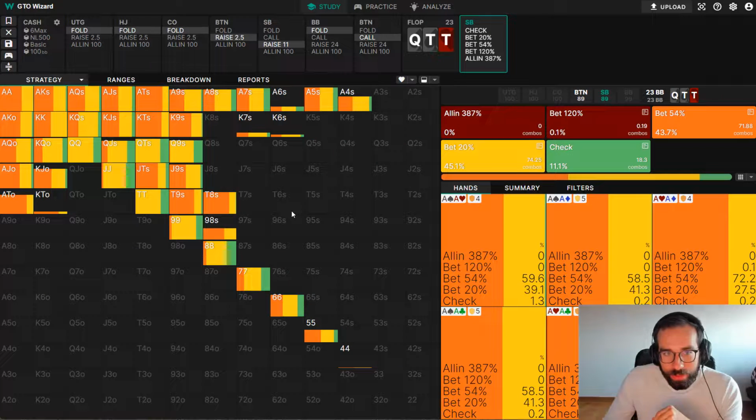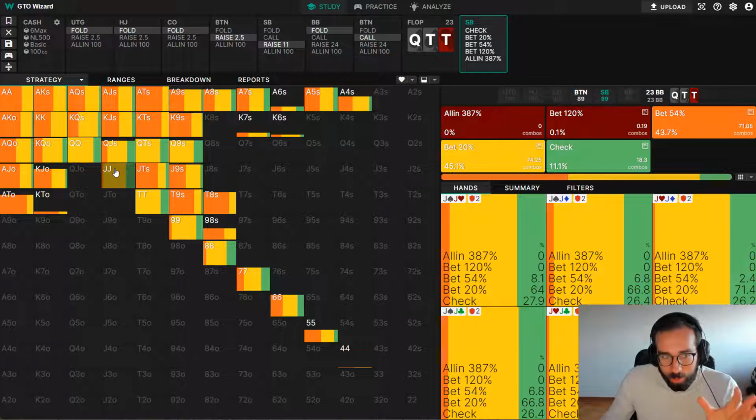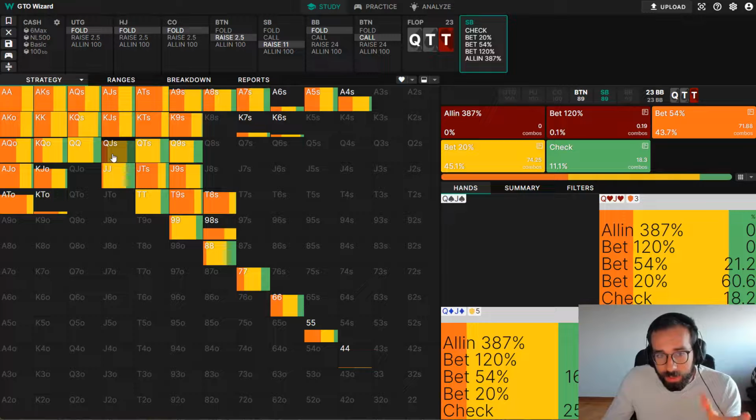If you take a look at the range, again, you see that the big sizing is used with a decent frequency. We prefer, of course, to bet big with strong hands, strong draws, and to bet small with more mid-value hands. For example, you can say that ace queen uses mainly a big sizing, while queen jack uses mainly a small sizing with a worse kicker.